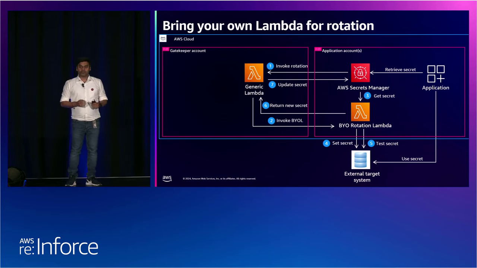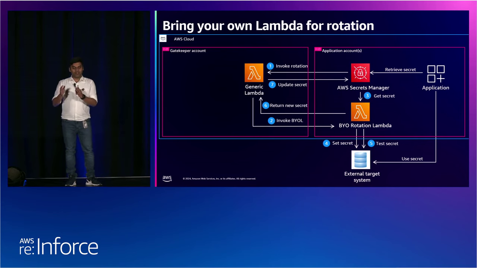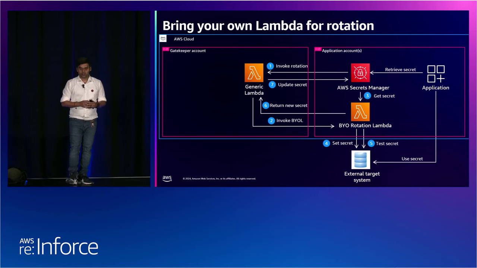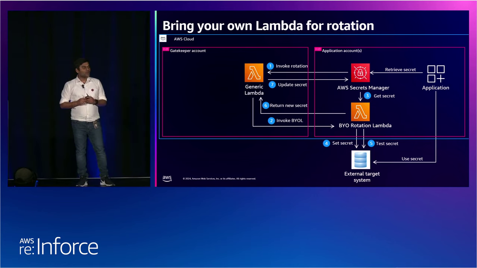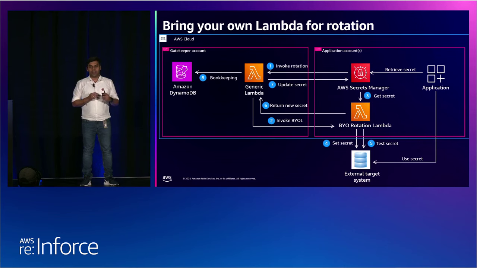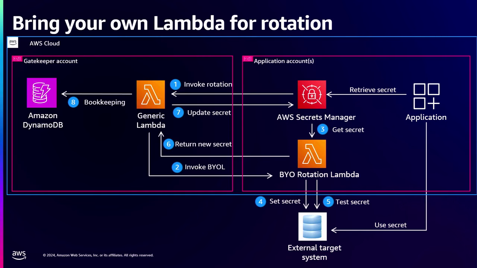And that's how, without giving access to our central account, we are able to rotate secrets that are locally hosted or even from external database systems that we don't want central systems to have access to. Again, you would have noticed, because the generic Lambda function is in our central account, we get to do bookkeeping, alarming, monitoring, and all sorts of those things from our central account itself.